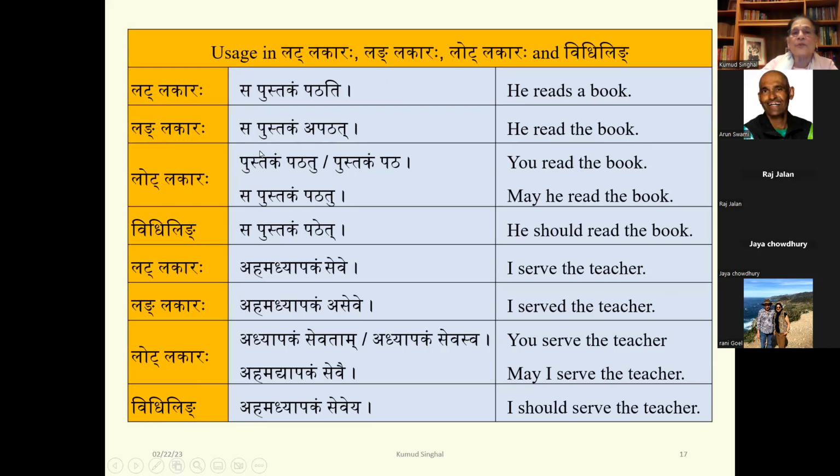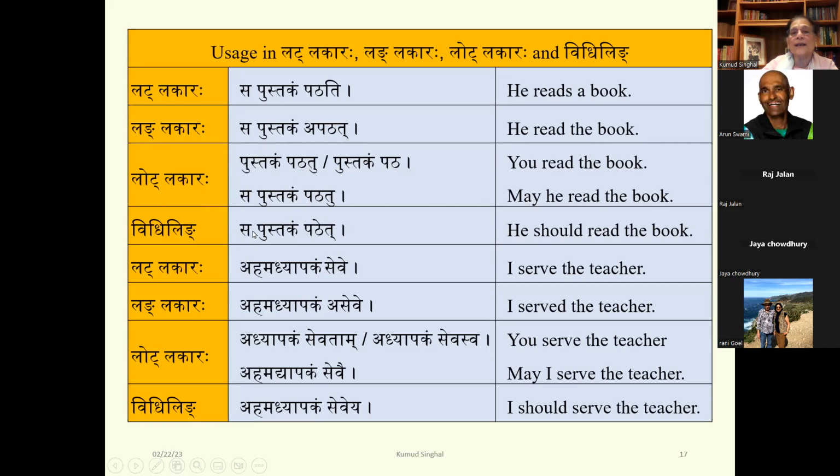Lot lakara: pustakam pathatu or pustakam patha, the respectful form, you read the book. Saha pustakam pathatu, so now you have to use pathatu because this is saha: may he read the book.